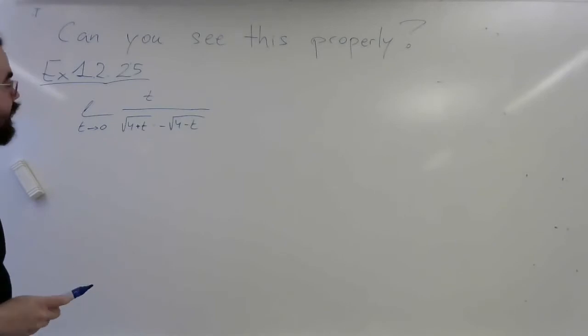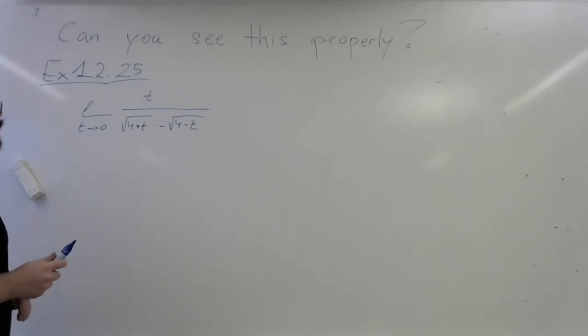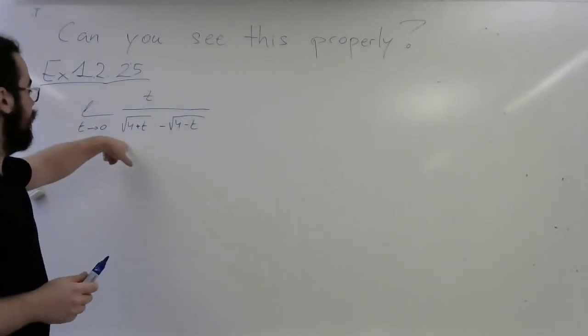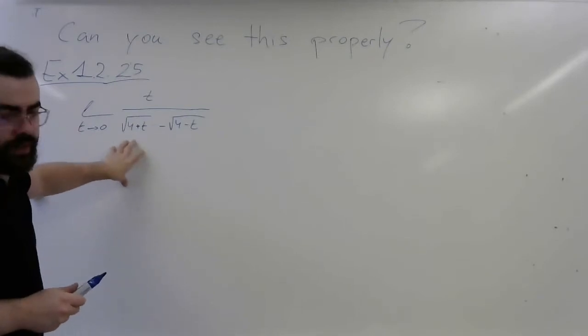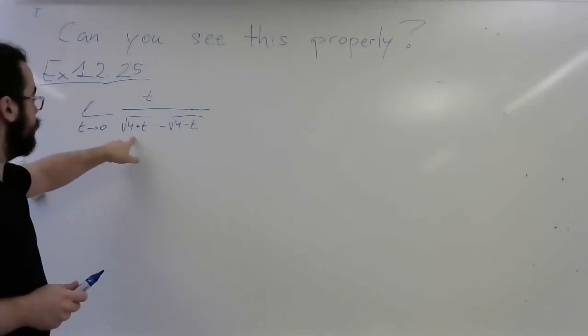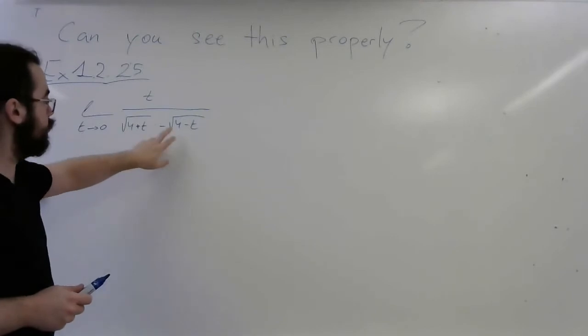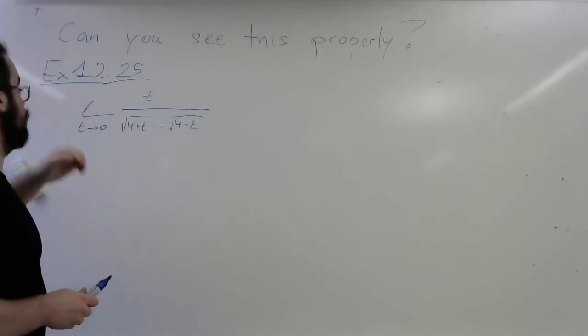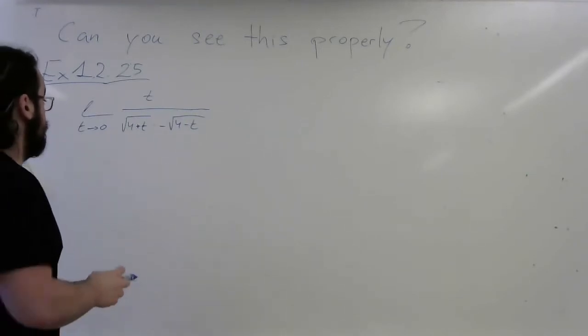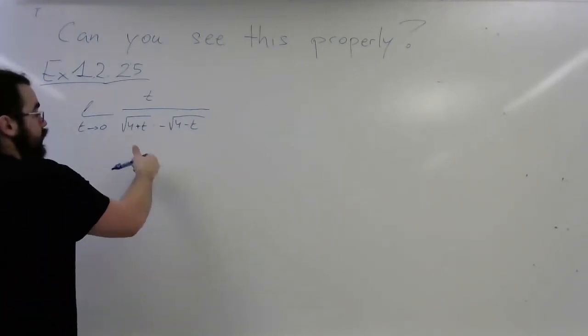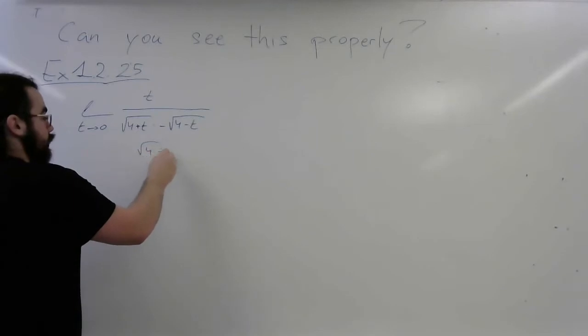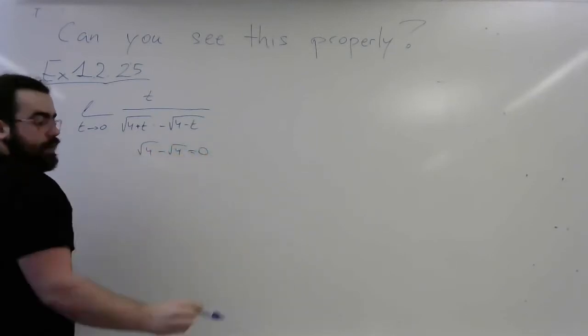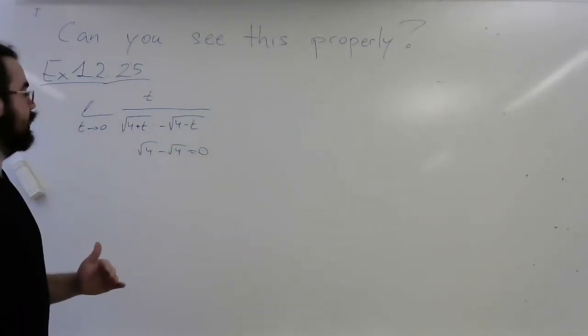Now this looks a bit more interesting already, right? Because we have t, and here we have a difference of roots, and the difference between those, when t tends to 0, this could be something like 0. So the denominator is 0.